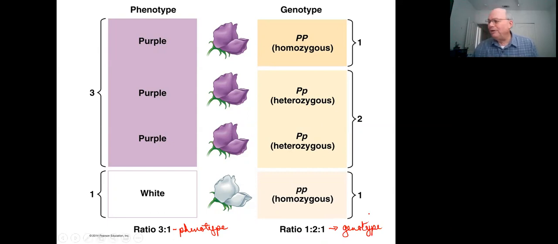The genotype ratio is actually 1 to 2-to-1. So you'll notice I put in the dominant and recessive to the two homozygous so that we can see the differentiation. So there's one homozygous dominant, two heterozygous, one homozygous recessive, which means the genotype ratio is 1 to 2-to-1.